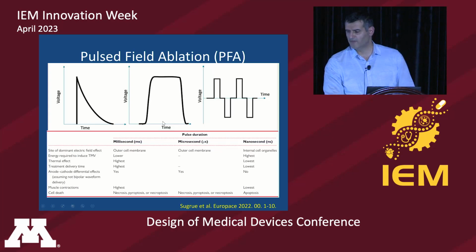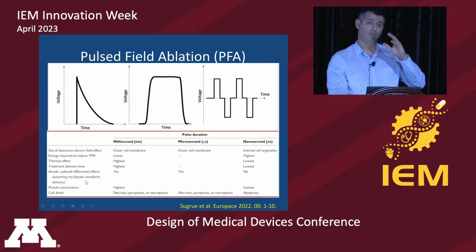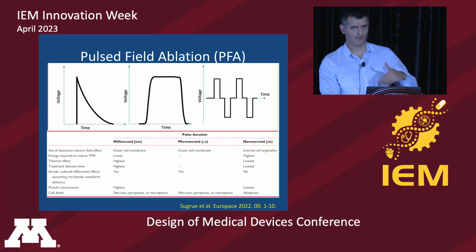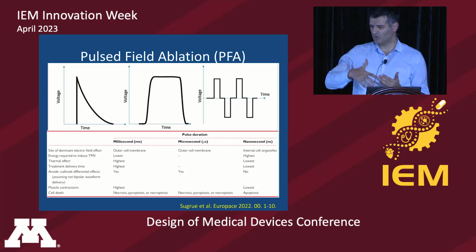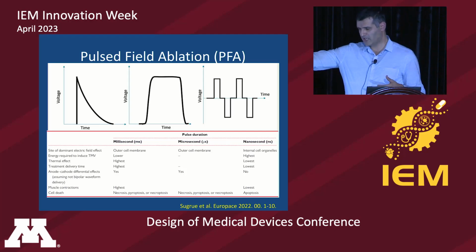There are multiple waveforms that you can deliver. There are multiple frequencies you can deliver. There are multiple pulse widths, or pulse times, you can deliver. And in general, when you're using a pulse duration of milliseconds, you're generating a little bit more heat on top of just electroporation. The nanoseconds, it's the least heat, but the most organelle injury.